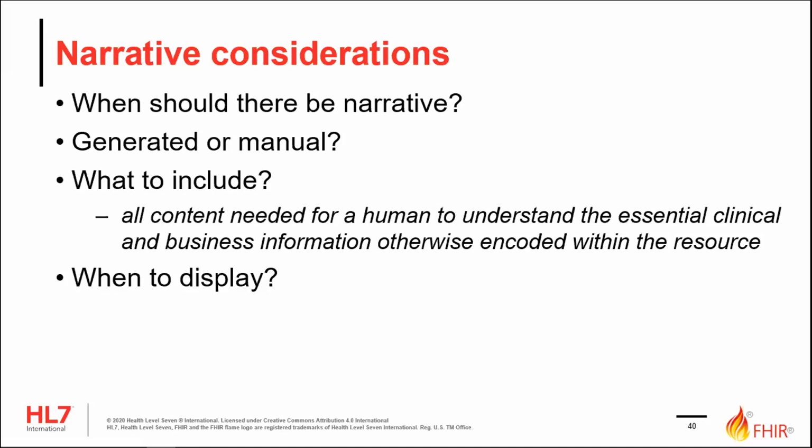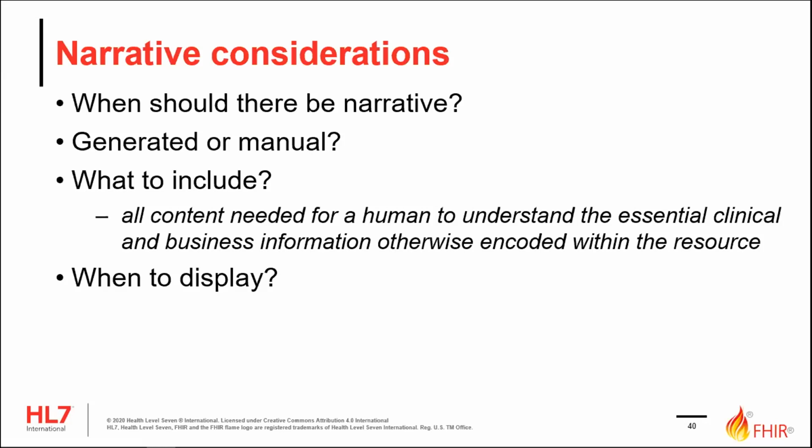If you were going to have narrative for patient, it would typically include patient's name, patient's gender, patient's date of birth. But if you're a veterinary system and you deal primarily with birds, you might not have names, because the chickens don't have names and you don't really care.